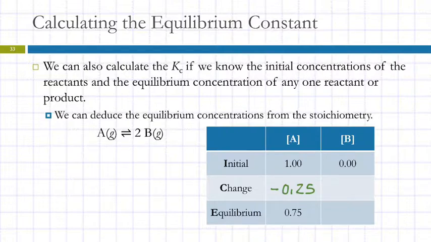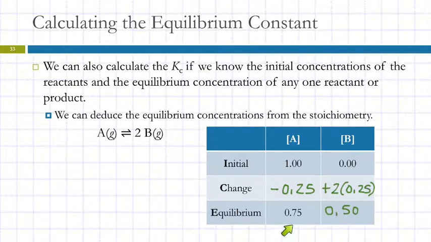See that? So this is plus 2 times 0.25. So 2 times 0.25 is 0.5, and you add that to the initial concentration, and you come up with 0.5.